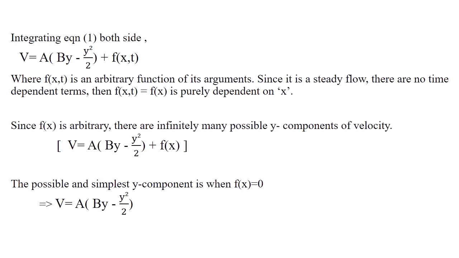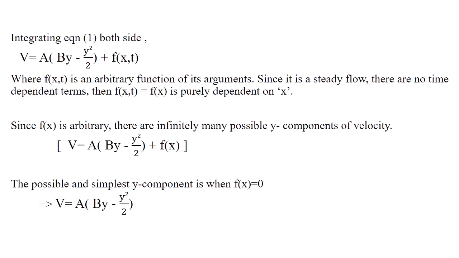Here this f(x, t) is an arbitrary function of its arguments, and since it is a steady flow, there are no time dependent terms. Now we know that it is a steady flow, so there should not be any time dependent terms. So this f(x, t) we will take as f(x), purely dependent on x.